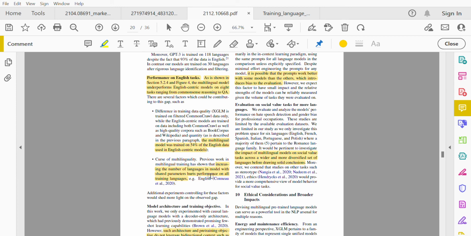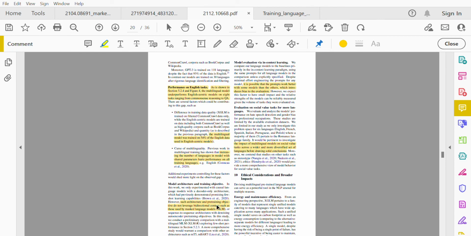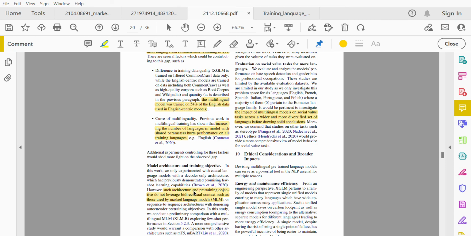Yeah, so I think that the most important thing that they report here in limitations is that increasing the number of languages will hurt performance on all training languages because you're just trying to do too much. I think of someone trying to speak multiple languages at the same time. That just is not going to be quite as feasible. And there are certain biases that you learn.